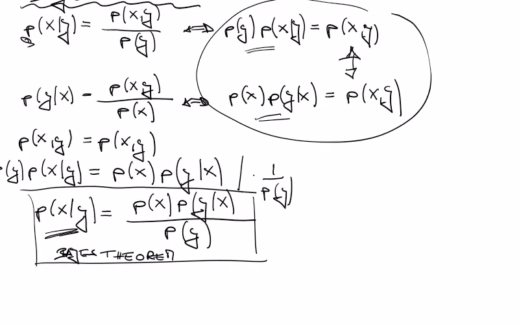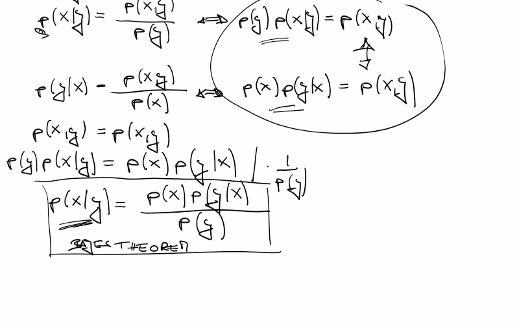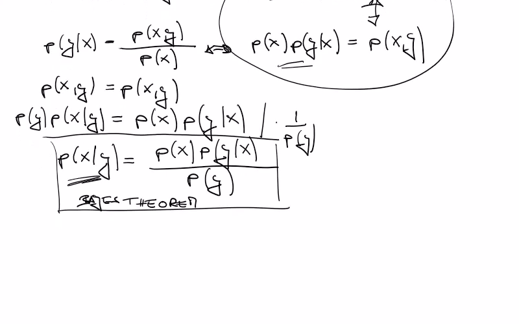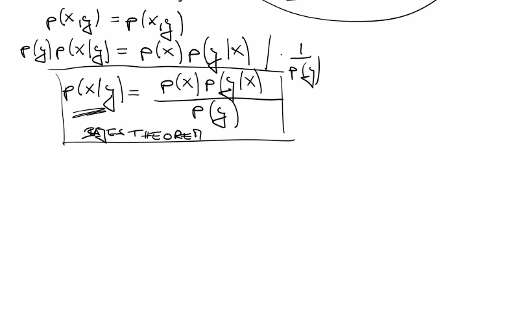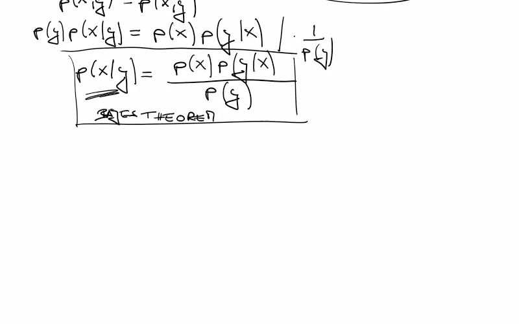Again, you see quite easily that what is actually on top here is just the joint probability of x and y. The thing that comes with Bayes' theorem is some interpretation of these entities.